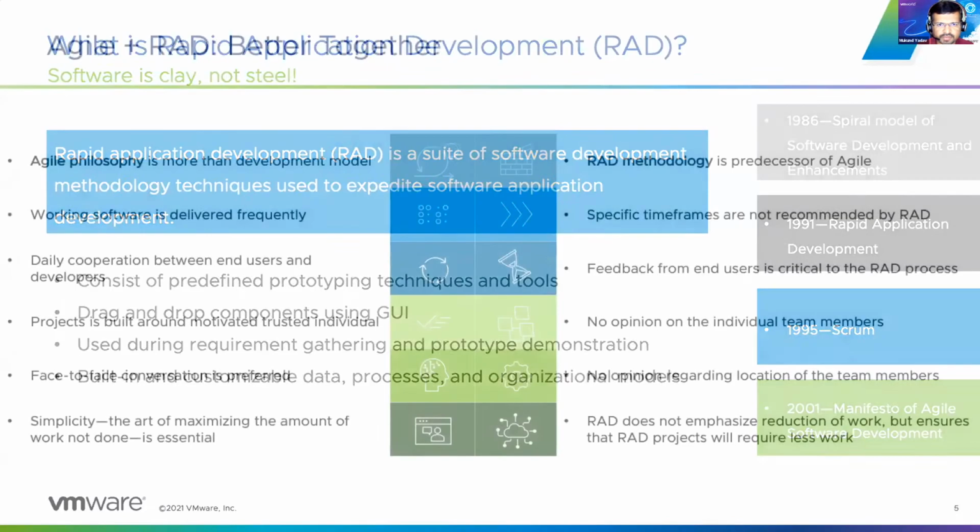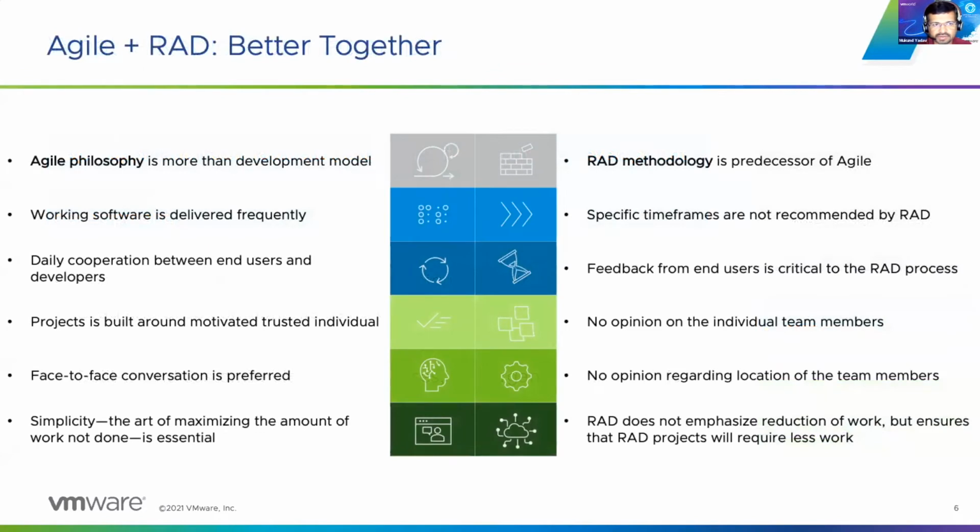Let's look at the differences between agile and rapid application development. These are the very high-level differences between agile and RAD. The point that I want to emphasize is the last but one. I will not go through the entire list. In agile, we generally try to have face-to-face conversation, and it is preferred.